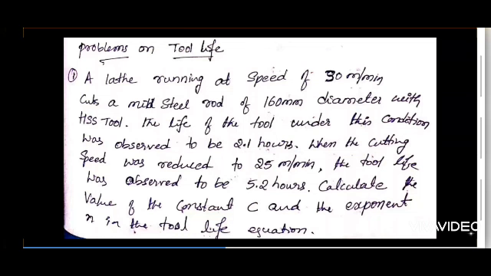When the cutting speed is reduced to 25 meter per minute, the tool life was observed to be 5.2 hours. By reducing the cutting speed by 5 meter per minute, tool life increases from 2.1 hours to 5.2 hours. Calculate the value of constant C and the exponent n in the tool life equation.